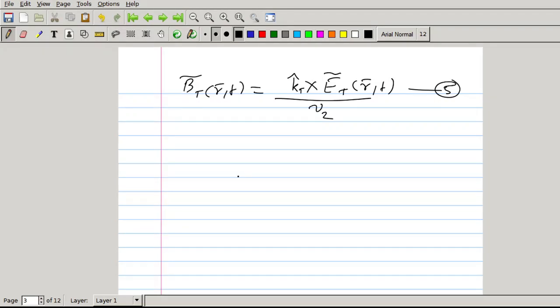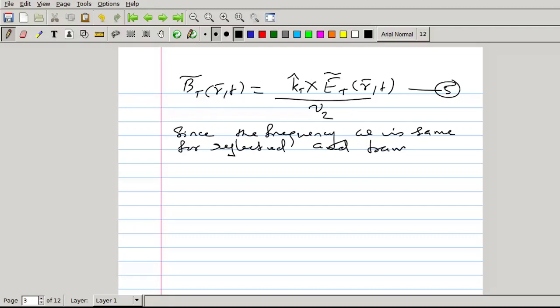Since the frequency is the same, omega is the same for reflected and transmitted wave. When a wave is propagating from one medium to another medium, the frequency remains constant. So for both reflected and transmitted wave, the frequency remains the same.